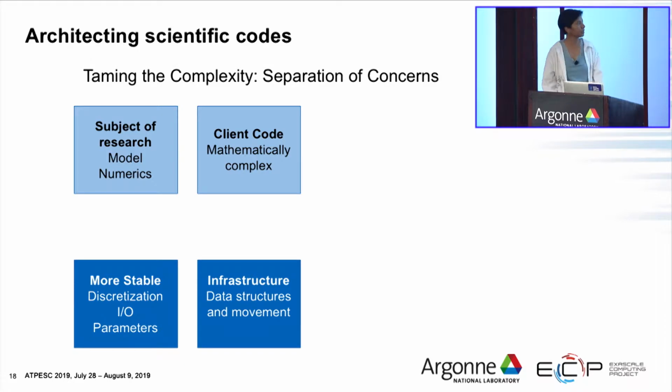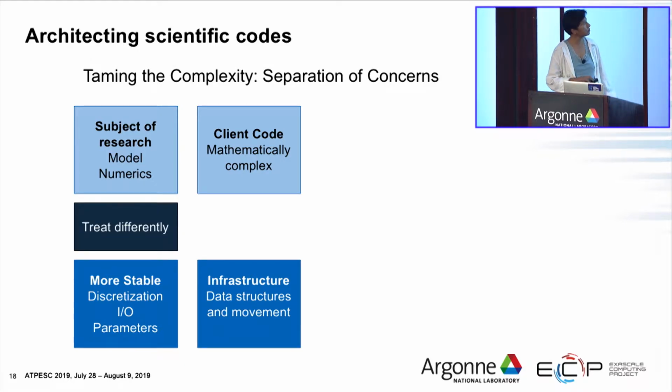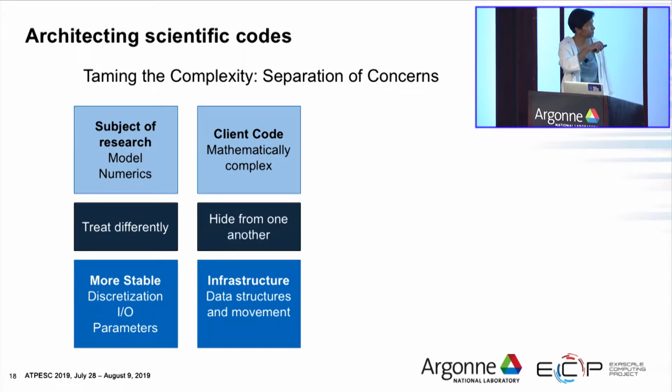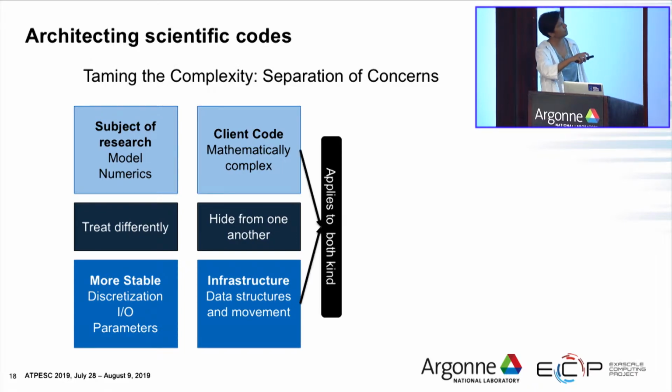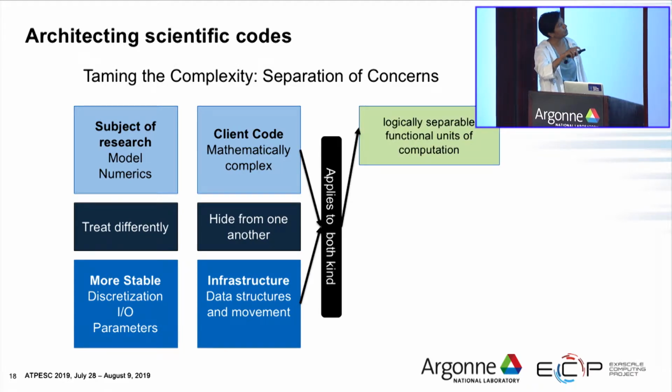You can't plan for it, all right? So the thing to do is then to treat these classes of code components differently and hide one from the other, okay?